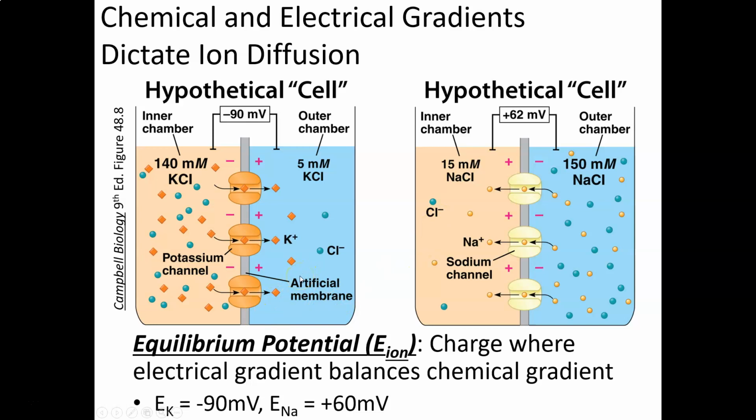The equilibrium potential, you should memorize those, and often represented as just an E for equilibrium potential, and then the subscript of whatever ion you're looking at. So the EK, the equilibrium potential for potassium, is minus 90 millivolts, and then the equilibrium potential for sodium is positive 60.